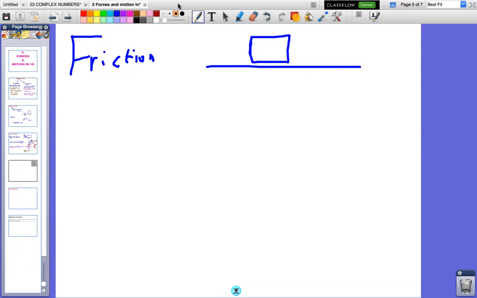If you have two surfaces trying to slide on each other, say you apply a force here and this object will want to move that way, then because this surface is not smooth, it's rough, there will be a resisting force. The frictional force, call it F friction. So friction always tries to resist two surfaces from moving against each other.